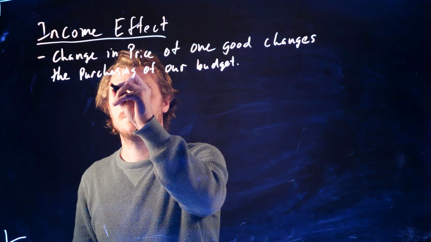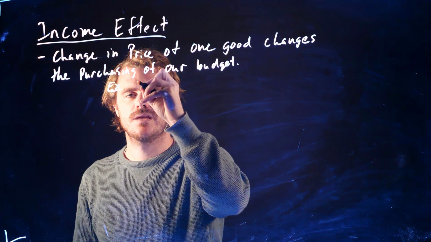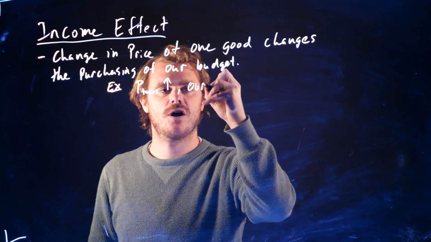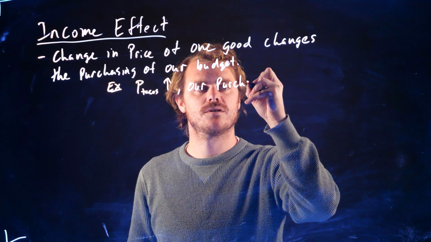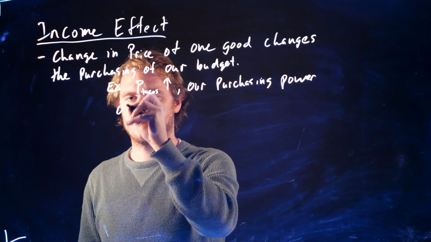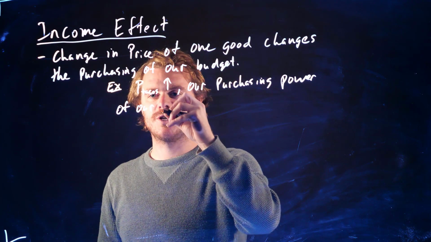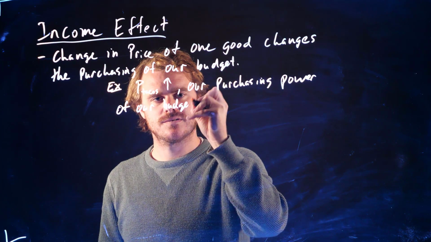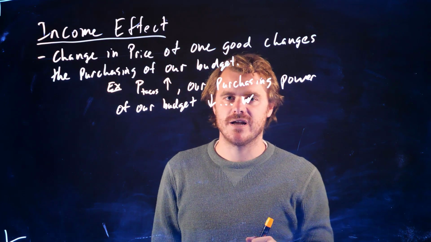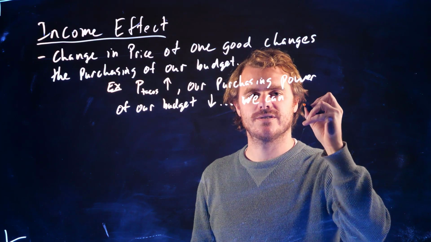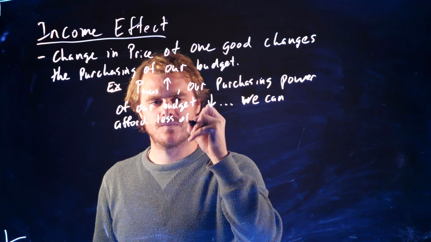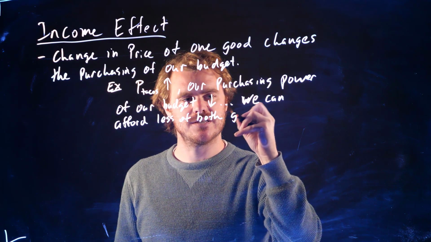So for example, if the price of tacos goes up, the purchasing power of our budget decreases. Unless we're spending our entire money on soda, we can afford less of both goods. So it's influencing both of these goods.